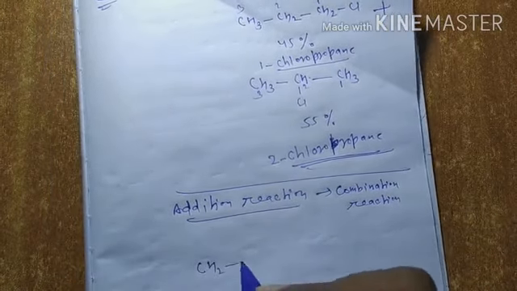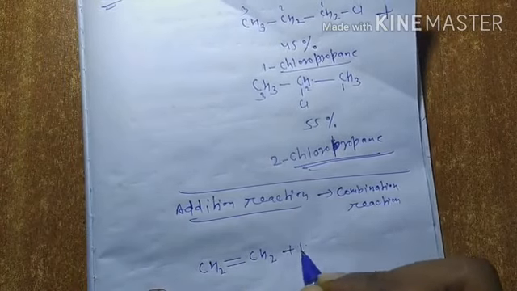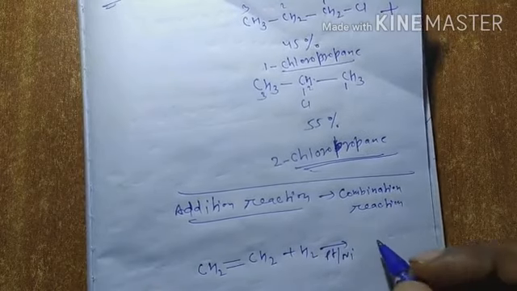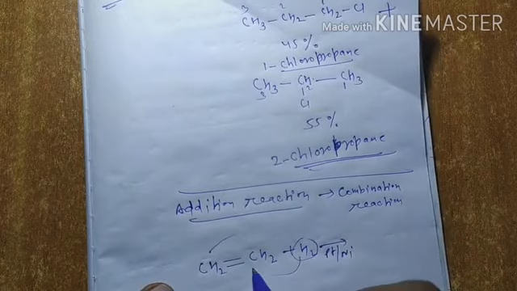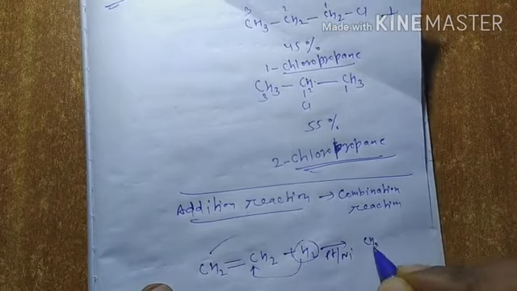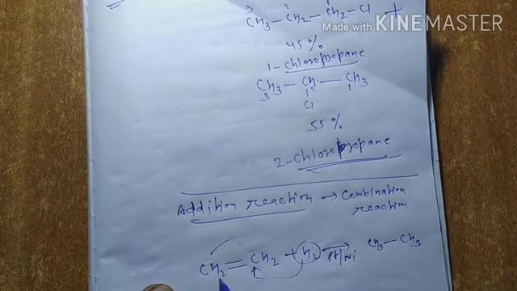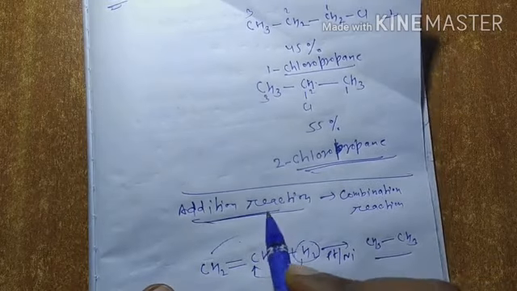For example, CH2 double bond CH2. If we react it with hydrogen in the presence of catalyst platinum or nickel, it forms this. One hydrogen comes here and the second hydrogen comes here, so CH3 and CH3. So hydrogen combines with this molecule. So we can compare addition reaction with combination reaction.